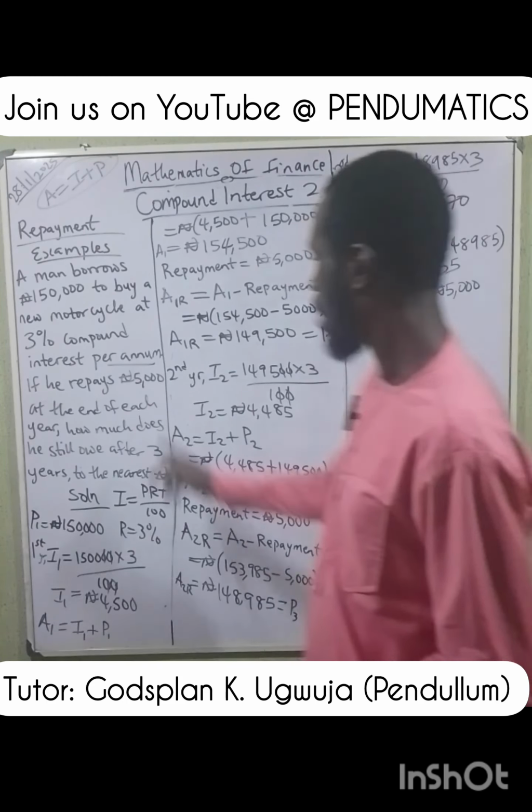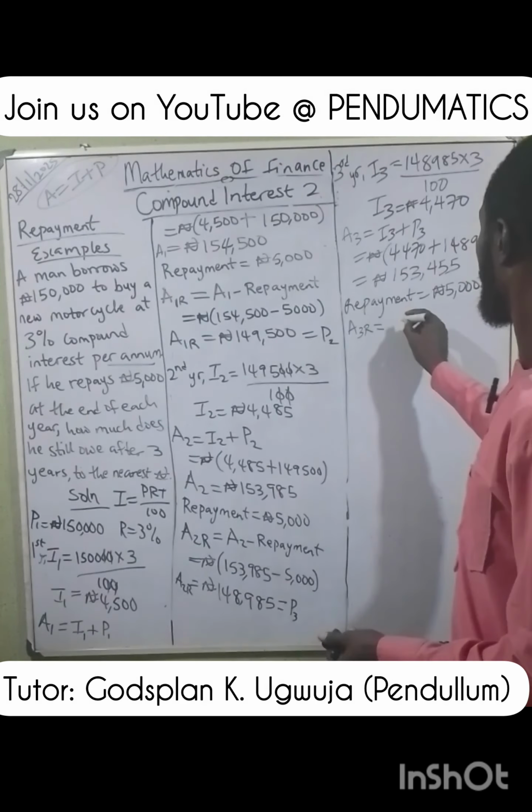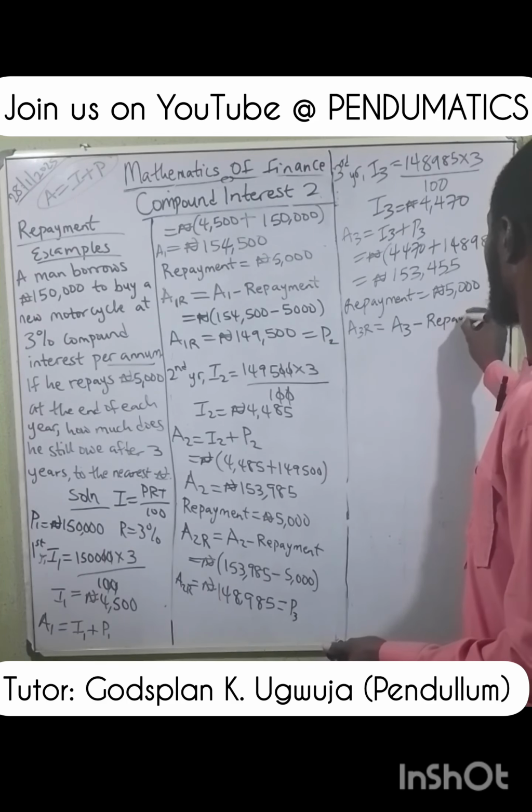So amount at the end of the third year after repayment. Remember, they said how much does he owe after 3 years. So this is actually what we are looking for, and this is going to be the amount at the end of the third year minus the repayment.